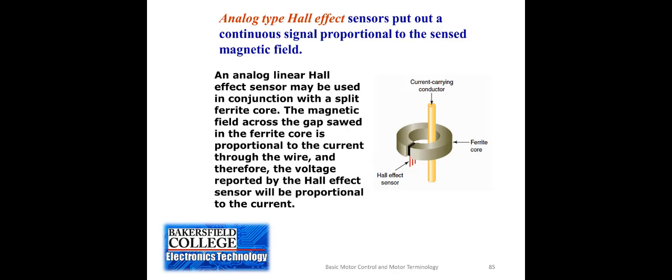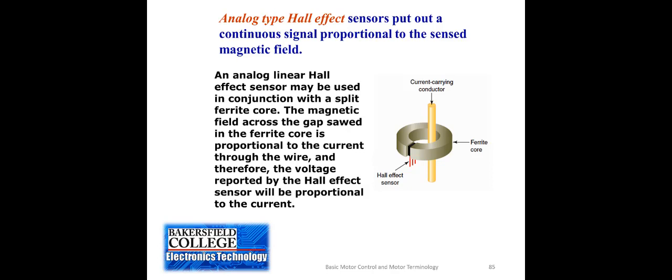But that ferrite core basically takes the magnetic field around the conductor and focuses it. There is a little cut or a gap in the core, and that is where the Hall effect sensor is placed. As more current flows through the conductor, more magnetism is created.